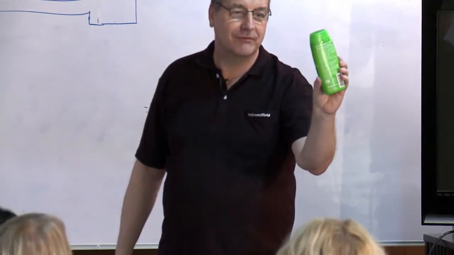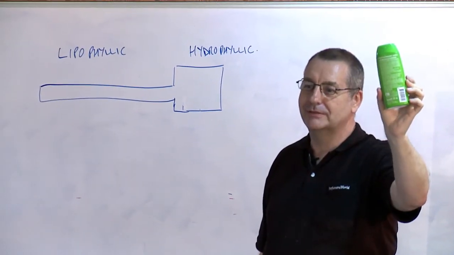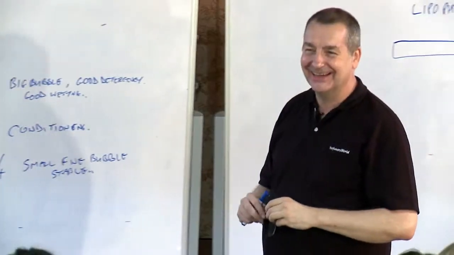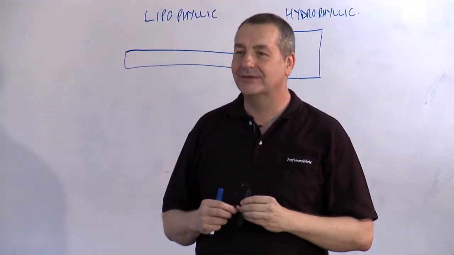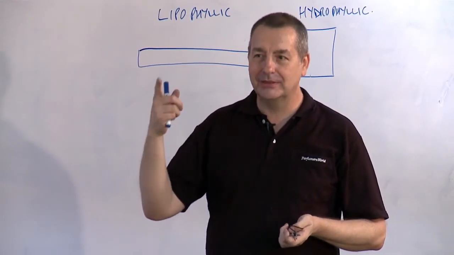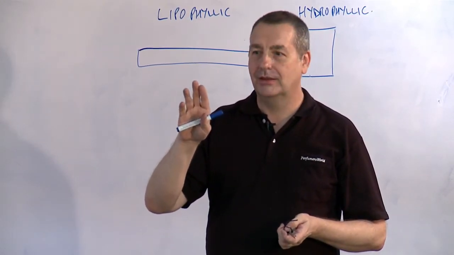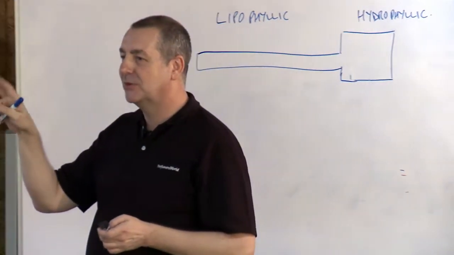Okay, that was the one I was looking for. Anybody got the yellow one? Main ingredients? Jasmine, pure jasmine oil, okay. What's the first ingredient on there? Water. Second? Lauric acid. Next one? Myristic acid. Next one? Potassium hydroxide. So what have we got there? Lauric acid, myristic acid, potassium hydroxide.